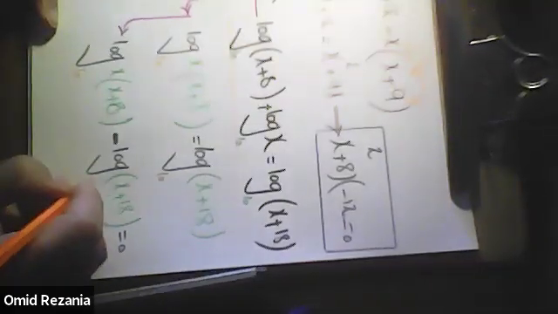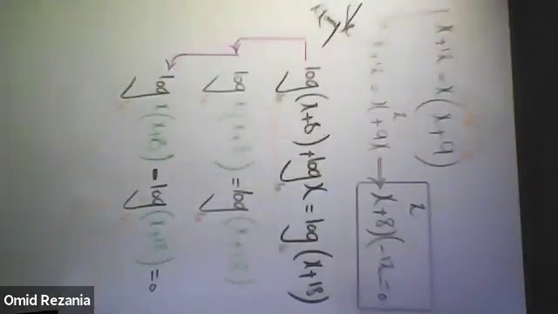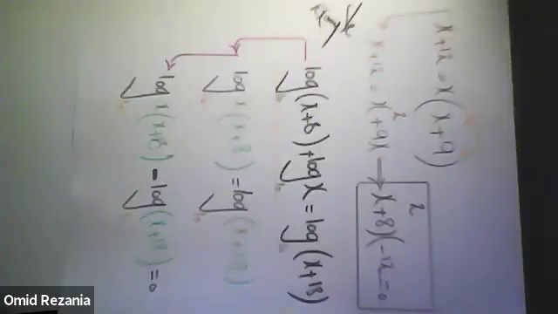I know that the base is still 10. Then from here, I can still use a property. Which property? 6, because they are subtracted together. Then I'm going to write it on the next page.